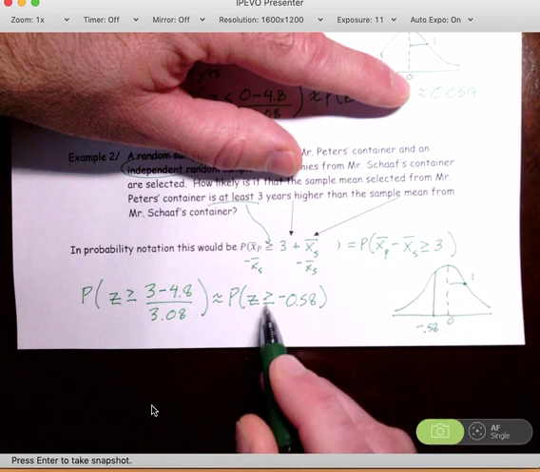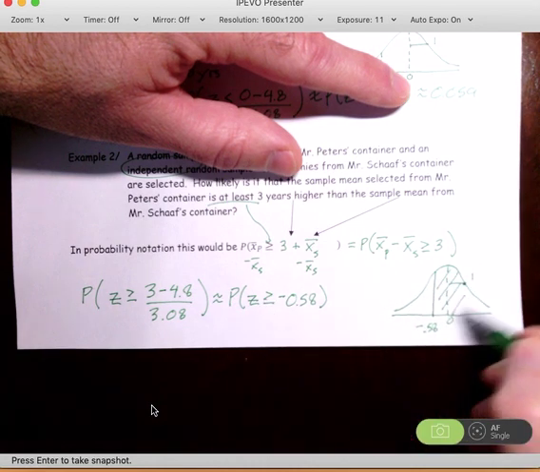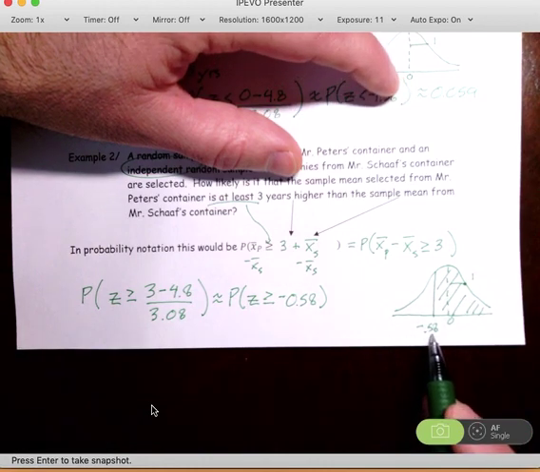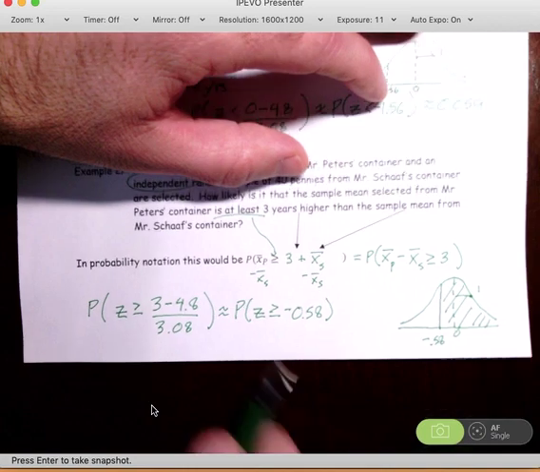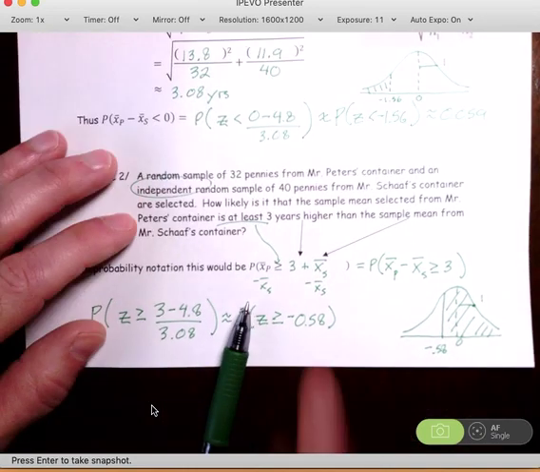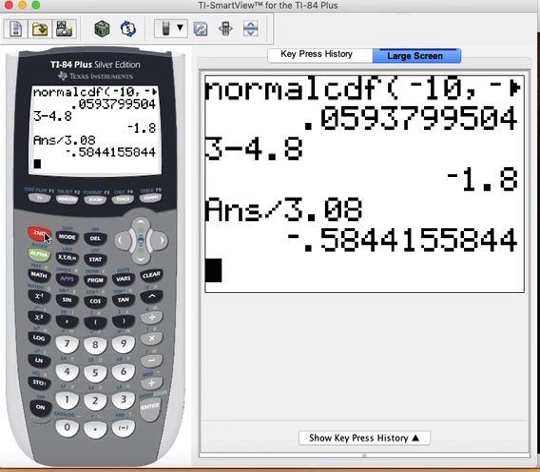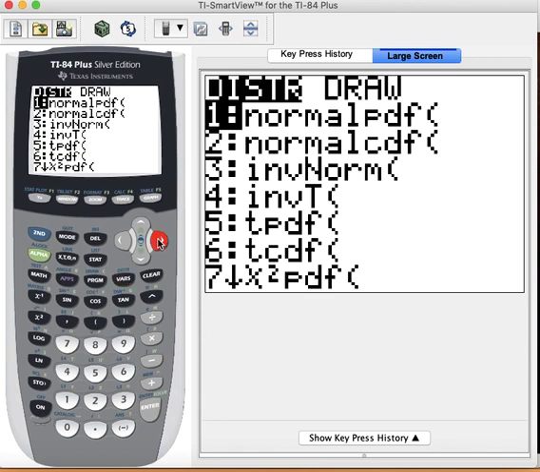But I'm interested in being greater than or equal to that boundary. So in this question, the negative 0.58 is the lower boundary, and the upper boundary that we can use here, because we're using z-scores, an upper boundary of 10 is perfectly sufficient in the normal CDF command, and we'll basically be done.